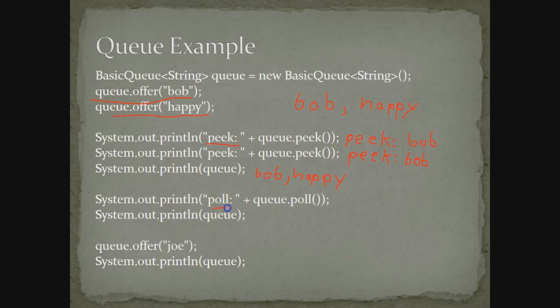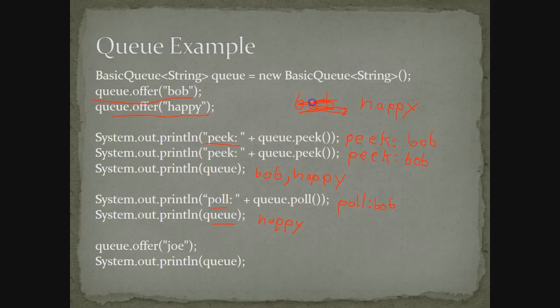If we do a poll though, a poll looks at the front item and removes it. So when we get poll, Bob. Then when we print the queue, we get Happy, because now there is only one person in the list. And to show that, let me go ahead and mark this guy out.